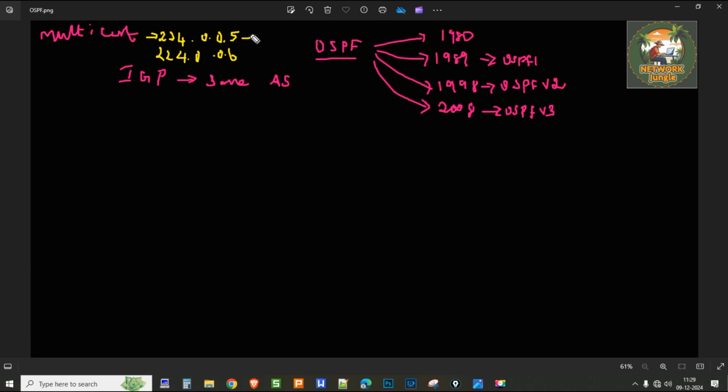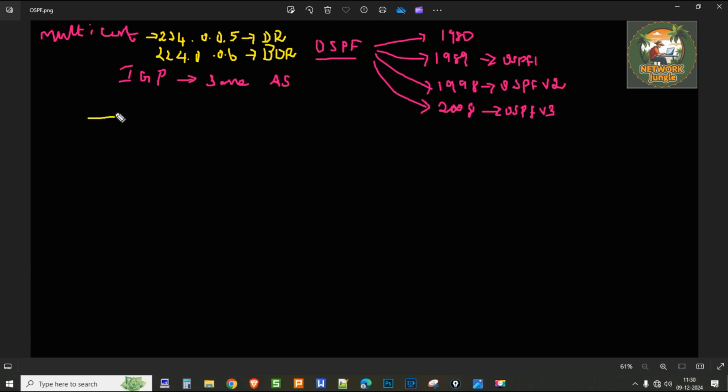These are used for the DR router and the BDR router. The DR router is the designated router. It advertises the routing information across the OSPF routers. The BDR is the backup designated router. If the DR fails, then it automatically takes over from the DR.